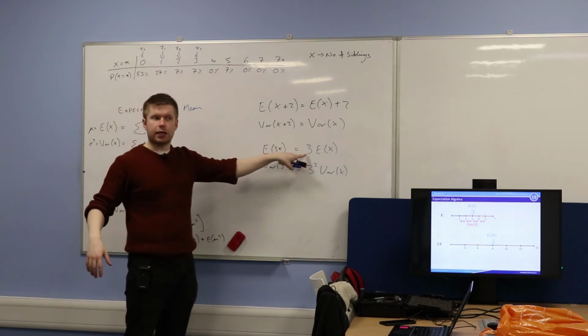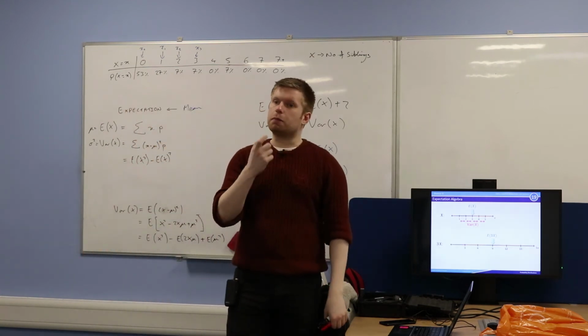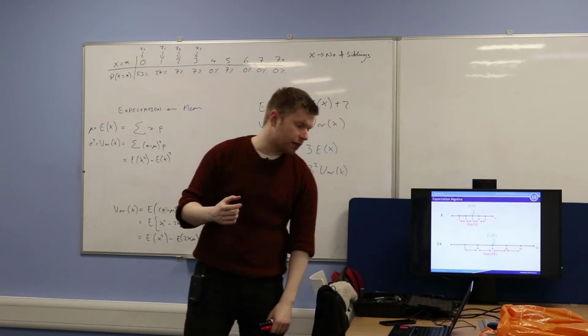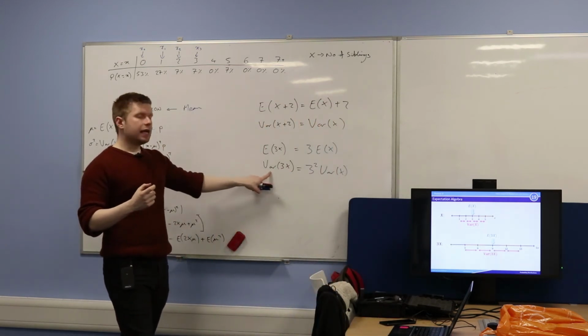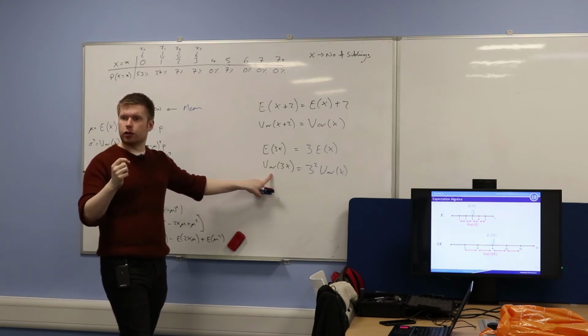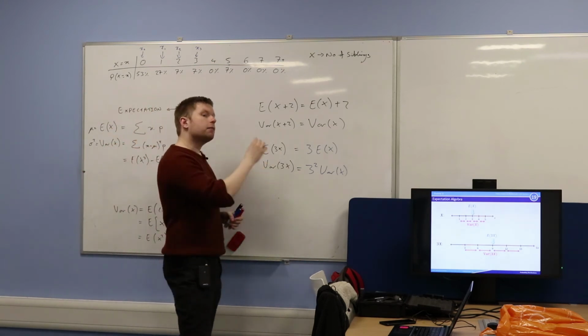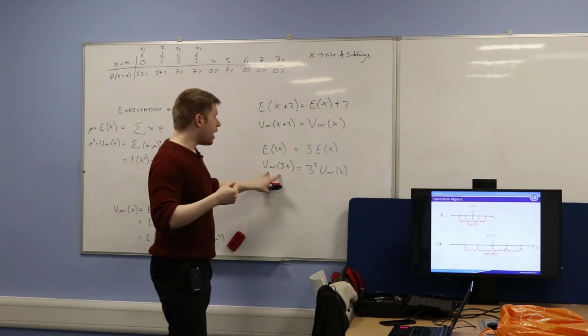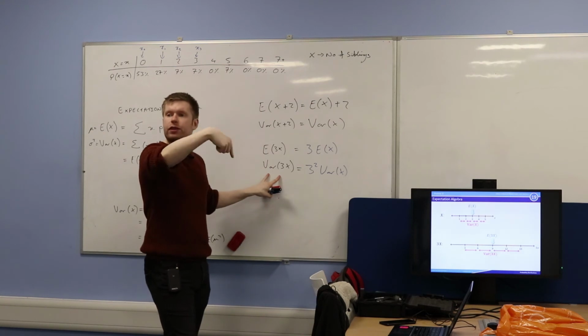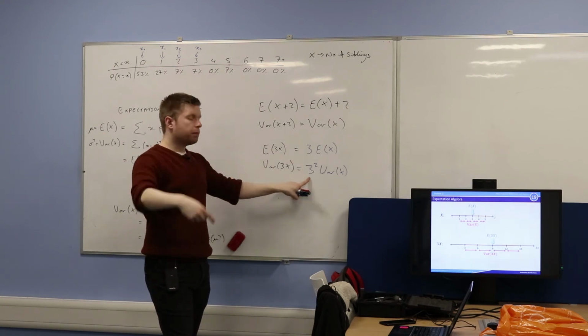3 times the old expectation. But think about my variance. My variance has also increased. Now my variance, remember, is the square of my standard deviation. So what I really mean here is that my standard deviation has been multiplied by 3. But because variance is the square of the standard deviation, it should be 3 squared as well.